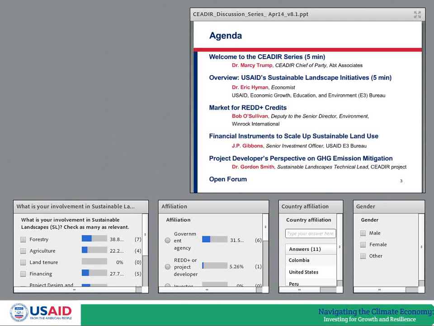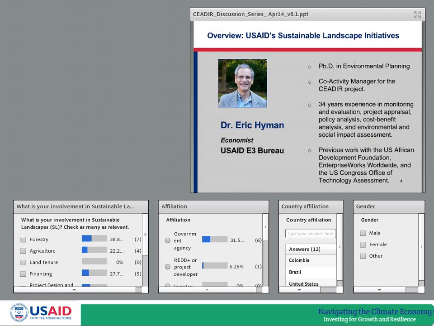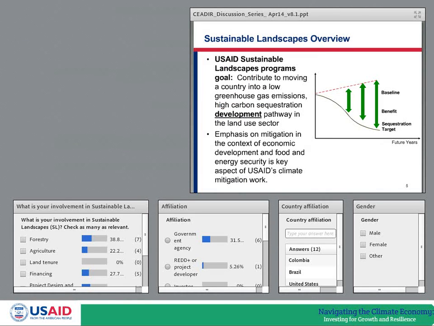So as Marcy mentioned, sustainable landscapes is one of the 3 pillars of the USAID program in climate change. And it's focusing on trying to achieve lower greenhouse gas emissions and/or high carbon sequestration, which is absorbing carbon through plant materials and trees, as well as achieving economic development.